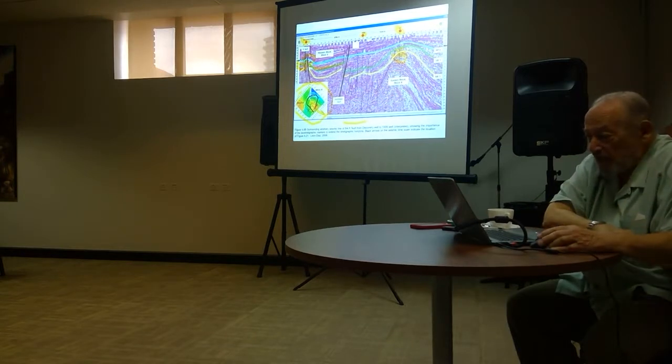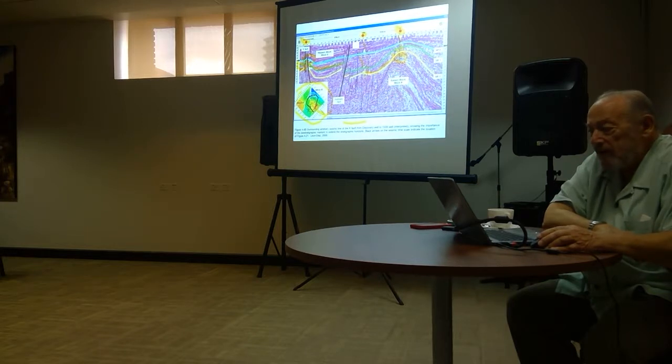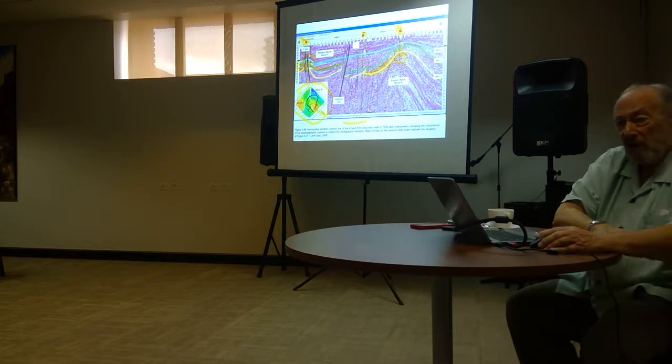So for example, the area in yellow here, you've got one well there and another well over here. How about in between? It's the same reservoir interval, a transgressive sand, probably a transgressive sand all the way across here.